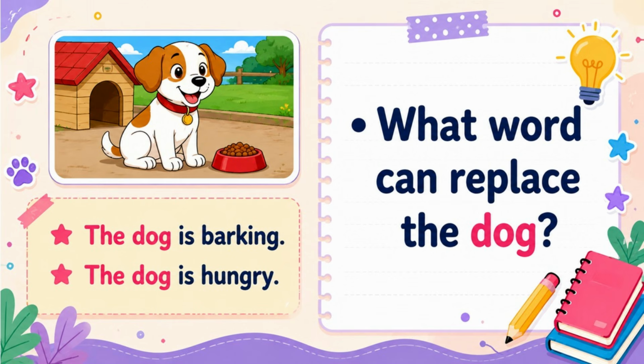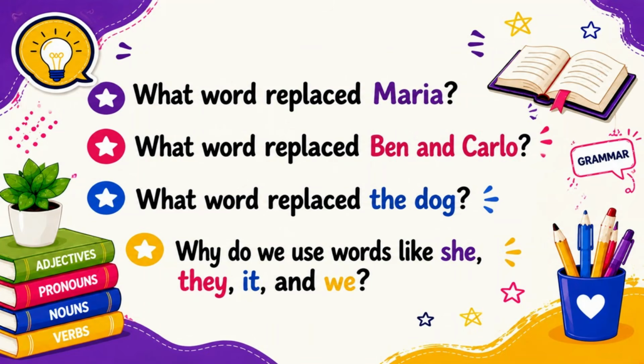The dog is hungry. What word can replace the dog? What word replaced Maria? What word replaced Ben and Carlo? What word replaced the dog? Why do we use words like she, they, it, and we?